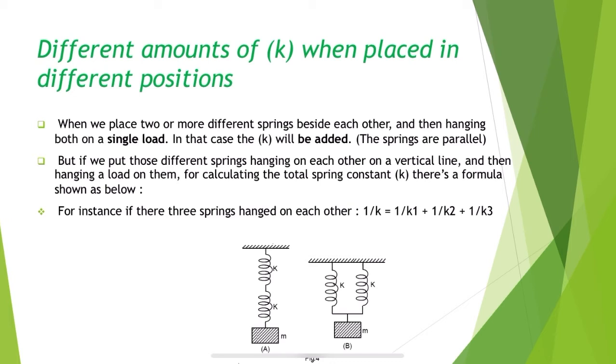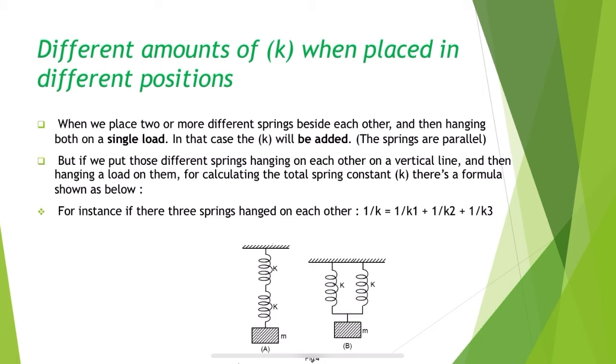For instance, if there are three springs hung on each other, 1 over K is equivalent to 1 over K1 plus 1 over K2 plus 1 over K3. No difference how many springs. If it's two springs, 1 over K is equivalent to 1 over K1 plus 1 over K2. It's really important. So different positions are going to make changes for calculating the spring constant.